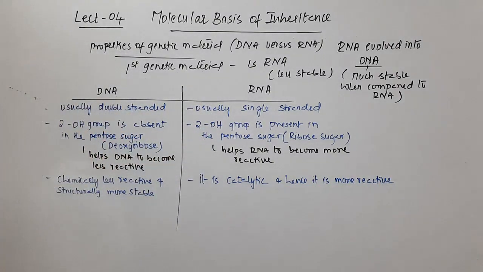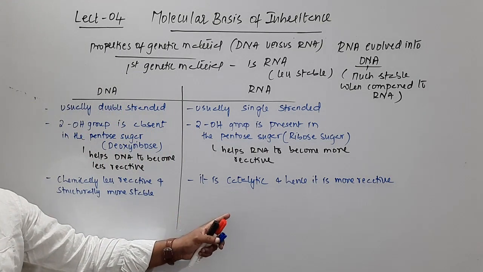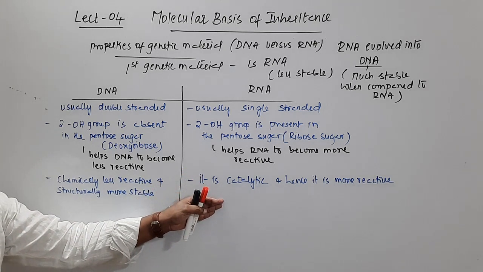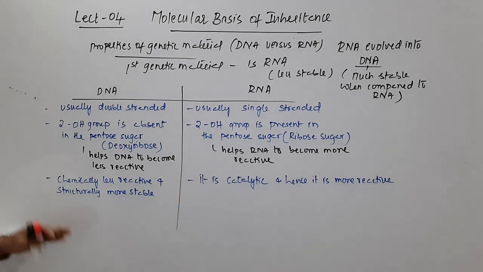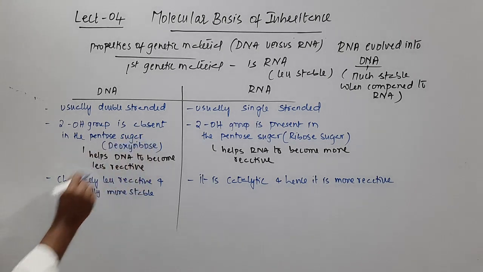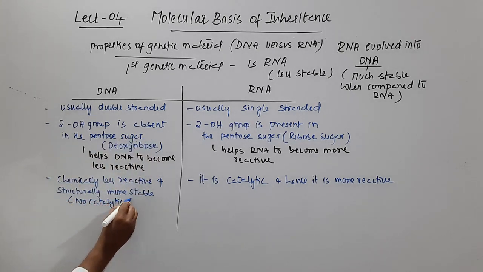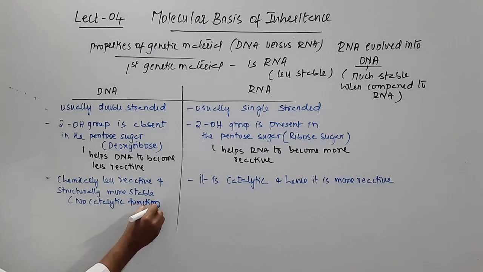Later I will discuss which RNAs act as catalysts. So DNA is less reactive and structurally more stable, and there is no catalytic function of DNA. DNAs do not act as catalysts.